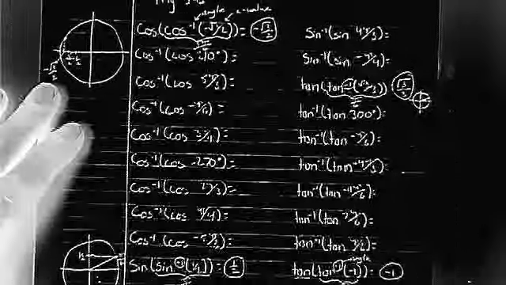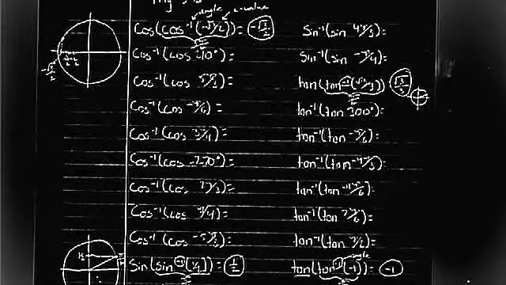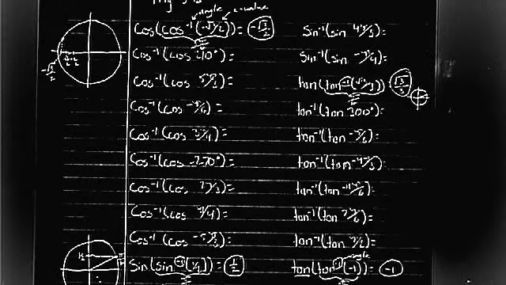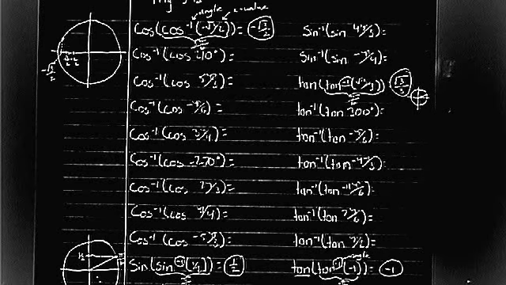Now, these 4 questions that I have done with you are different than the rest of the questions on this page, because these 4 questions all start off with a trig function. And it is always true that when the trig function is on the outside and the inverse trig function is on the inside, they will always cancel out, unless, of course, they're different trig functions.